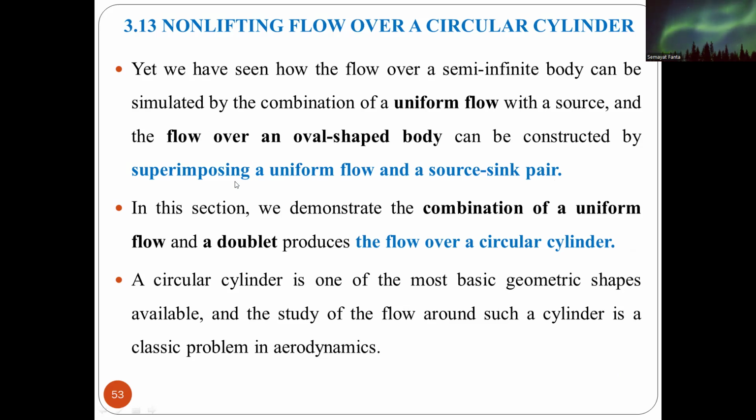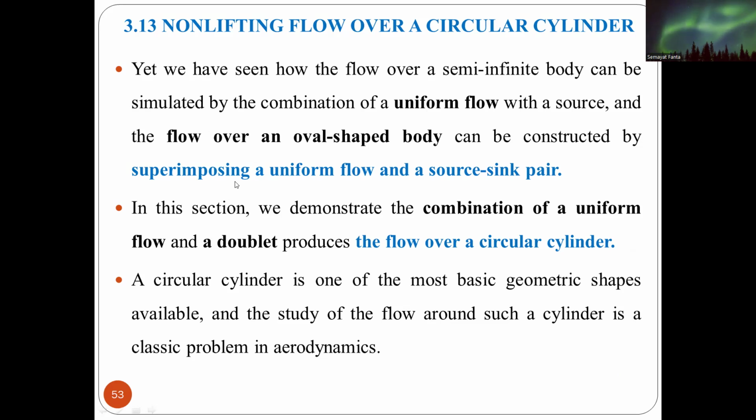That gives us the Rankine oval. But in this section, we are going to demonstrate the combination of uniform flow and doublet flow, which produces a flow over a circular cylinder.